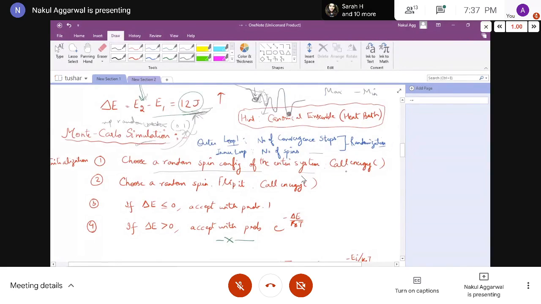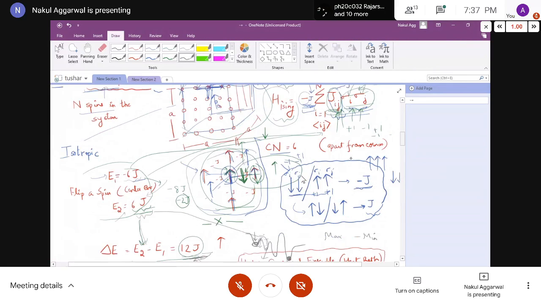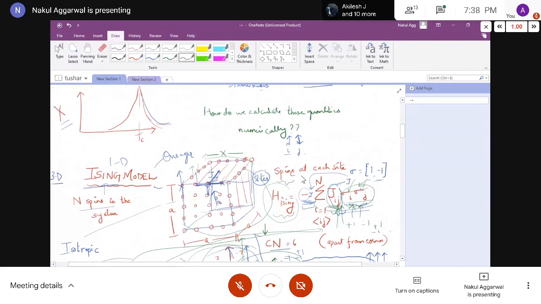Once you have done that, calculate the energy of the entire system. Remember, the energy we calculated here is just one of the subdomains of the entire system. You have to do it for all these spins. Remember, this summation i equal to 1 to N is for all the spins in the 3D lattice, and ij represents neighbors.